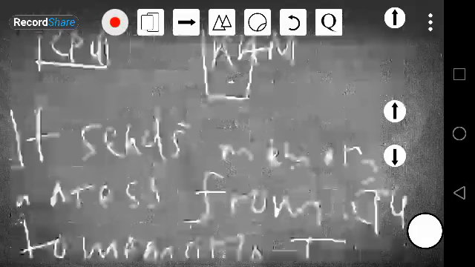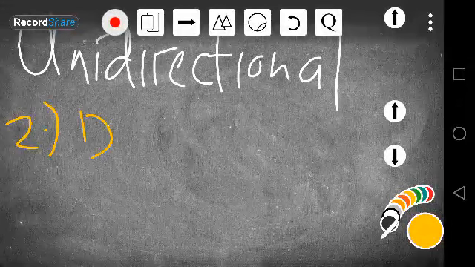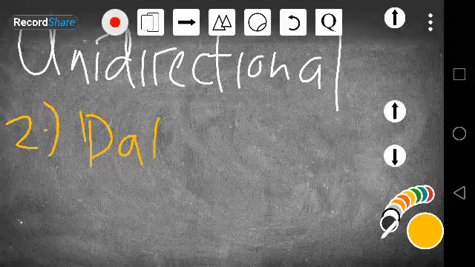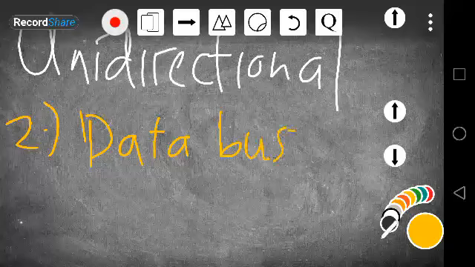Okay? Now we move on to the second type of bus. Let me change the pen so that you see the difference. The second type of a bus is called the data bus. Okay?